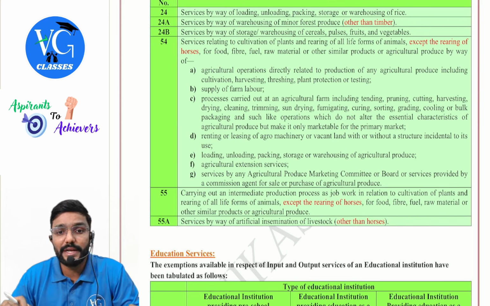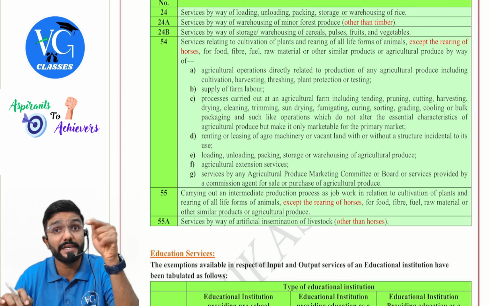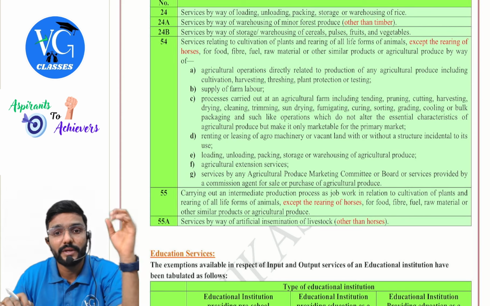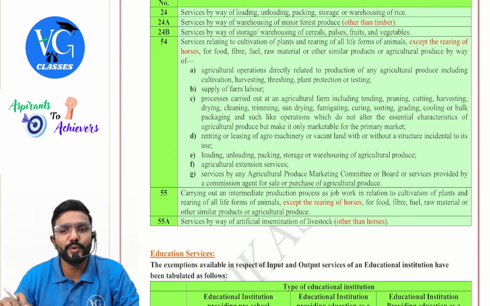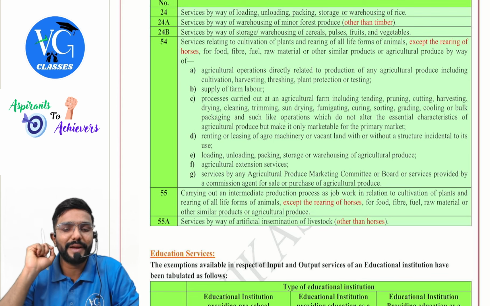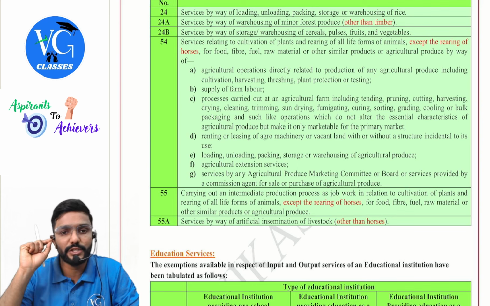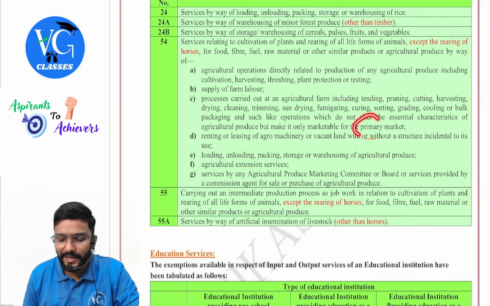Processes carried out at an agriculture farm, including means which are process or activities undertaken within the agriculture farm, including tending, pruning, cutting, harvesting, drying, cleaning, trimming, sun drying, fumigating, curing, sorting, grading, cooling, or bulk packaging, and such like operations which do not alter the essential characteristics of agricultural produce but make it only marketable for primary market.